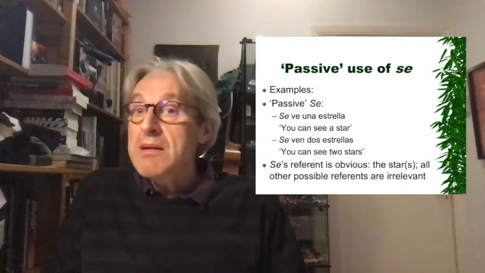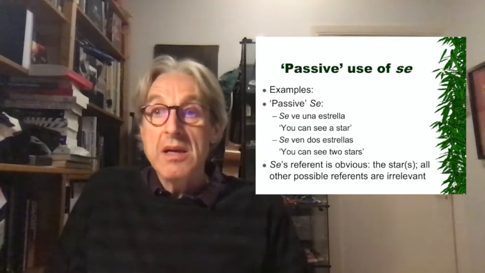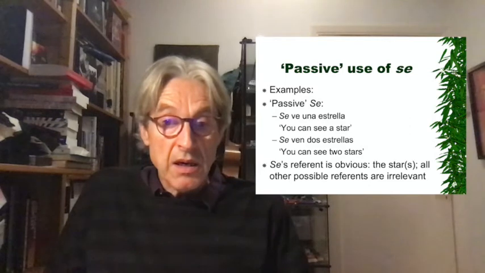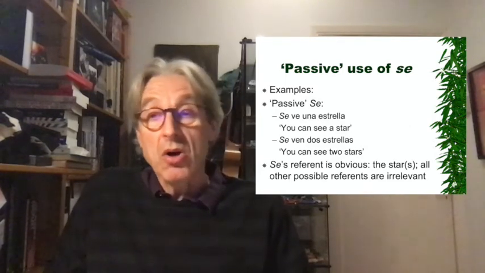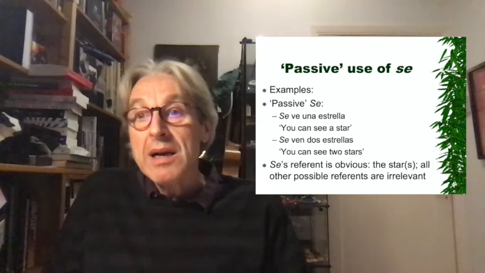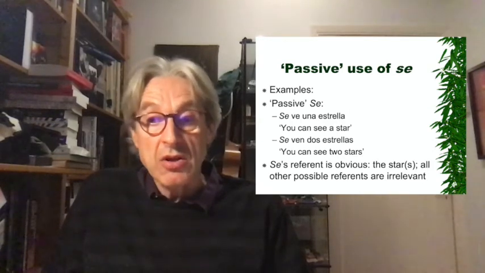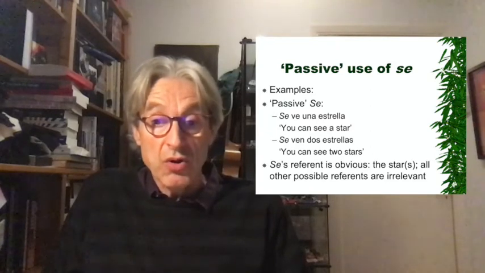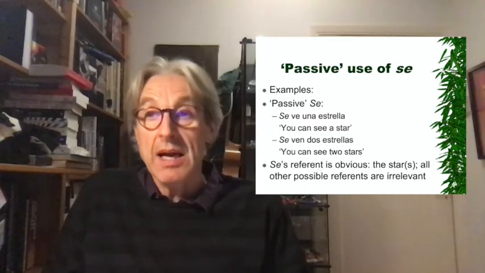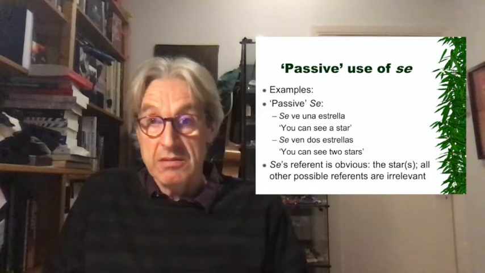So in one way or another, both una estrella and ve on the one hand and dos estrellas and ven on the other hand are claiming that these belong together. So what these forms tell us is that una estrella or dos estrellas are in focus.